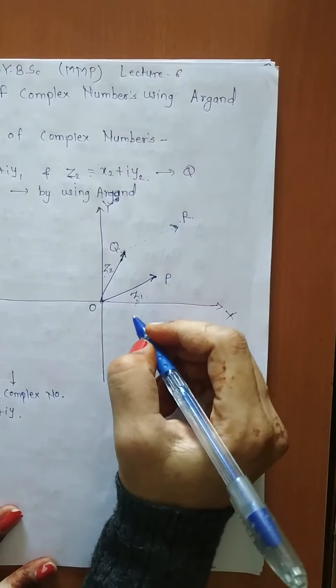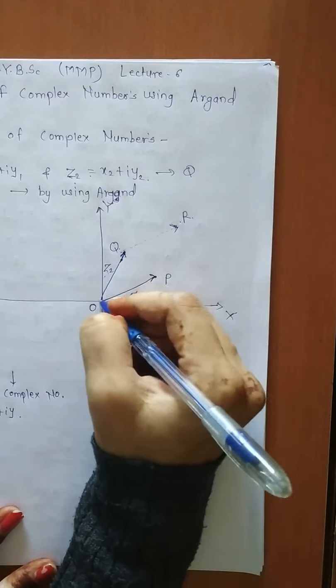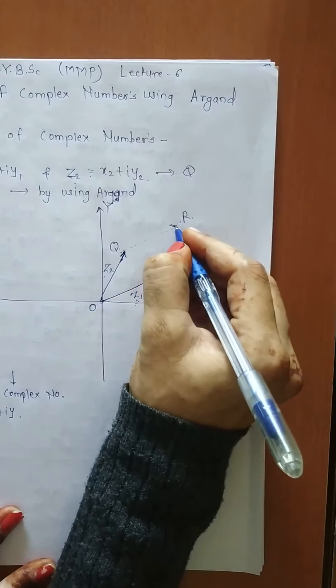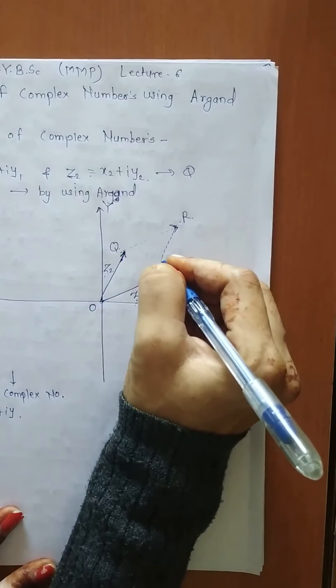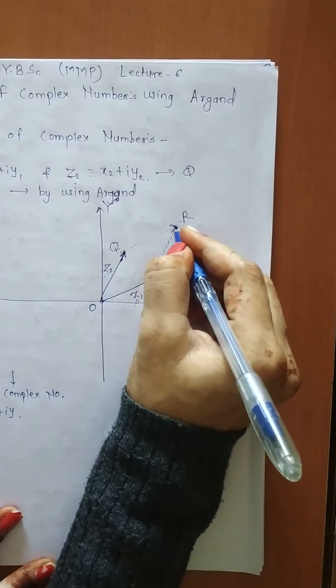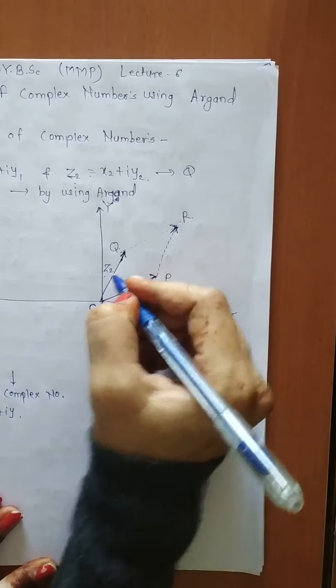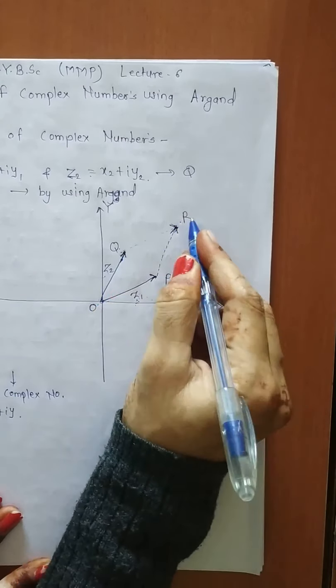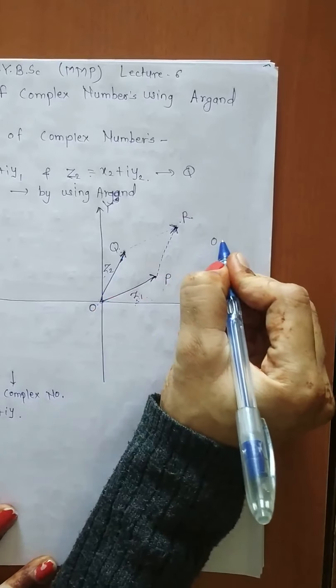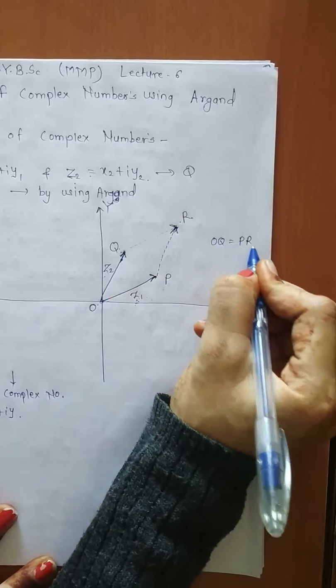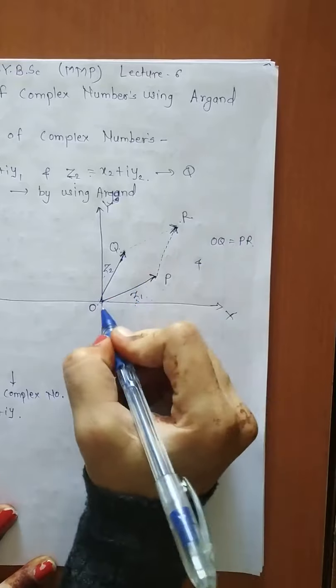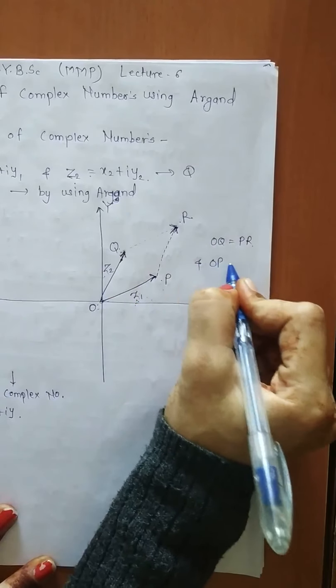And another vector which will be parallel to OQ will be over here. Now we have constructed the parallelogram. Now see, OQ and PR are both equal, which means OQ equals PR, and second, OP, which will be equal to what?